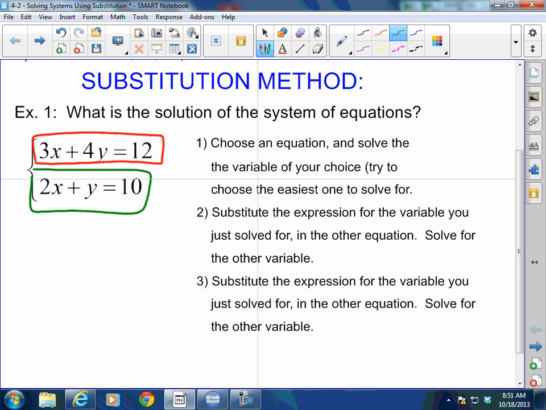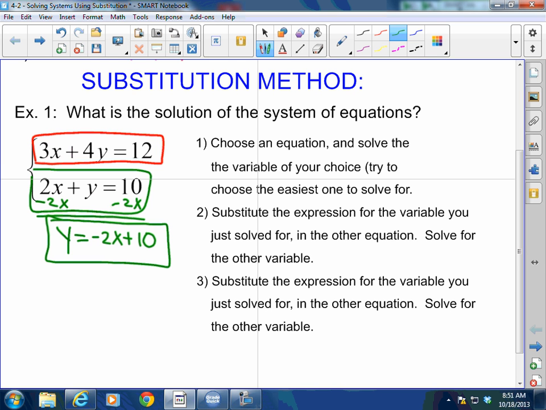Look at the variable that is easiest to solve for. I don't care if it's x or y. It doesn't really matter, okay? In my opinion, I think you guys agree, if we just solve for y here, we get y equals negative 2x plus 10, okay? So I already solved for one variable. We know what one variable already equals.